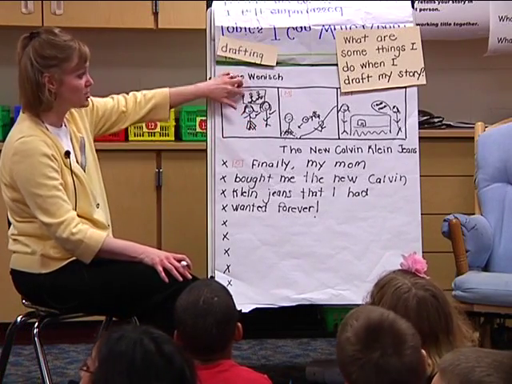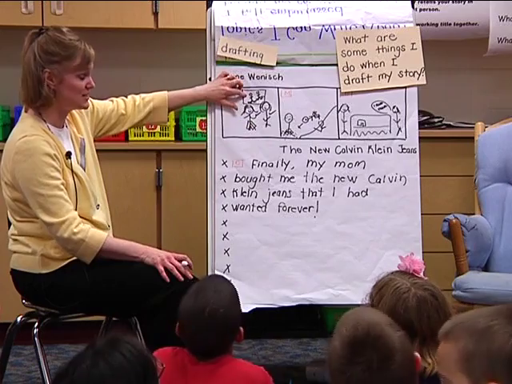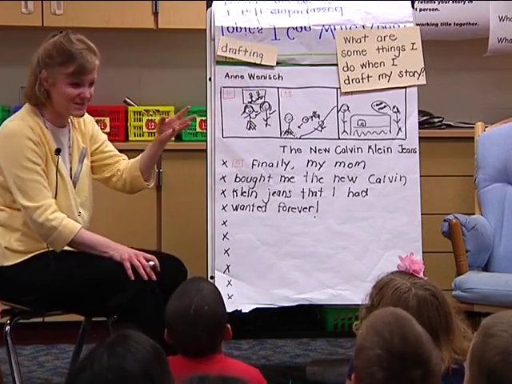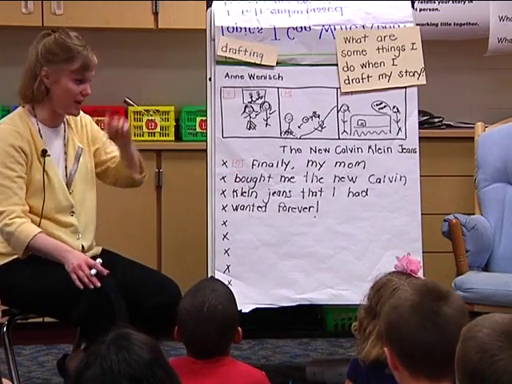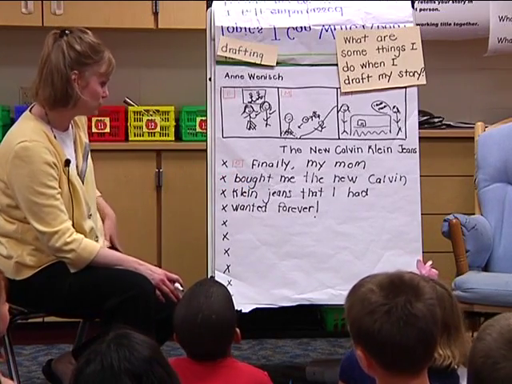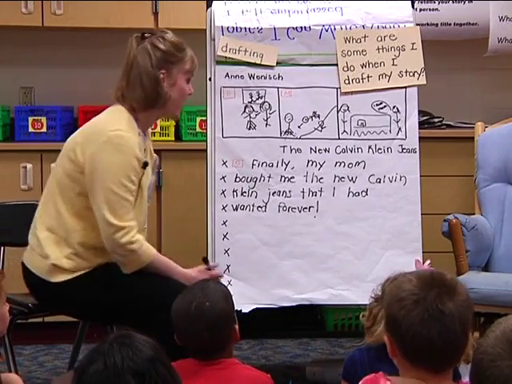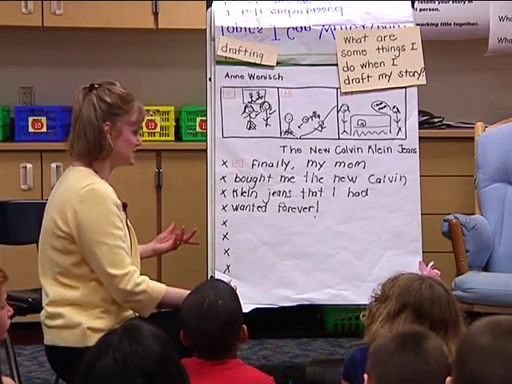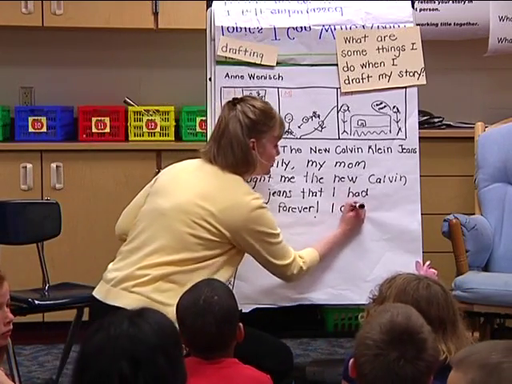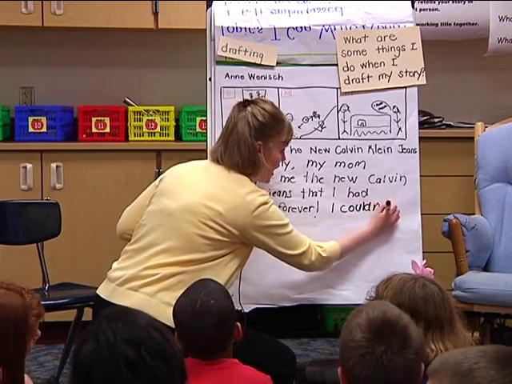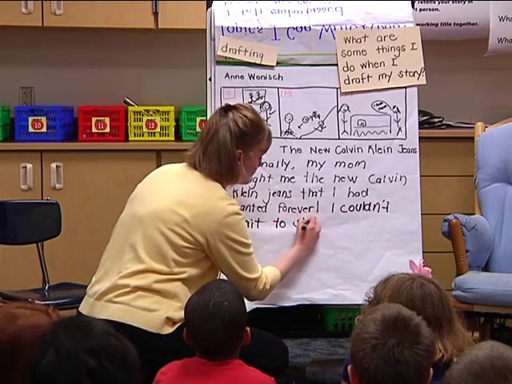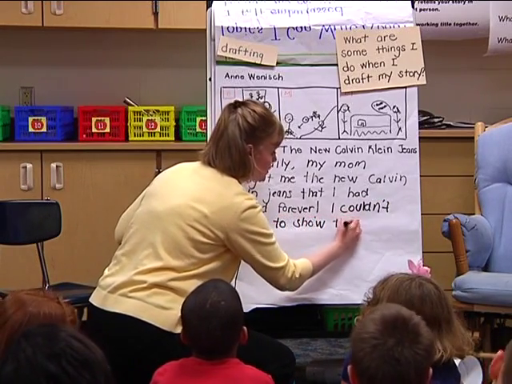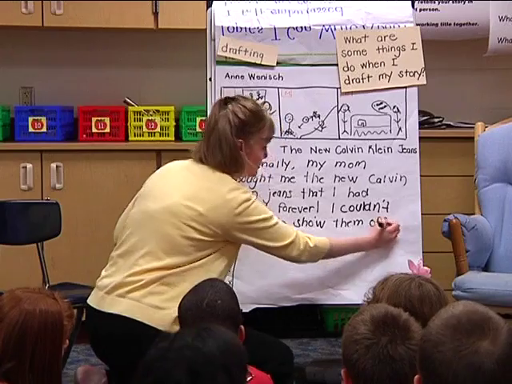Now I need to talk about how I want to go outside to see my friends. I need about 3 to 6 sentences in a paragraph, so I'm headed in the right direction. I have 1. So finally my mom bought me the new Calvin Klein jeans that I had wanted forever. Then maybe I need to say, I couldn't wait to show them off.